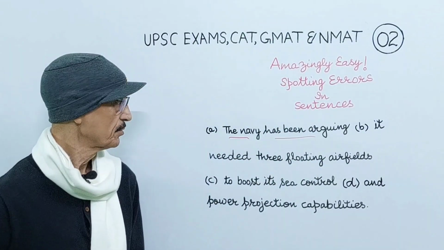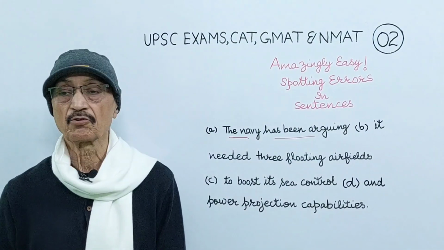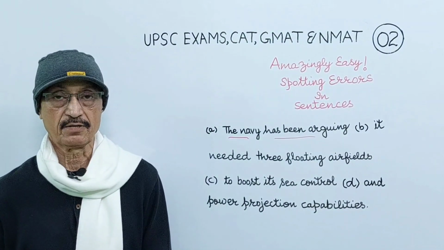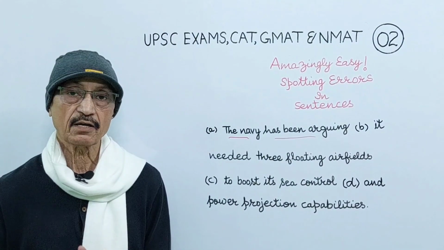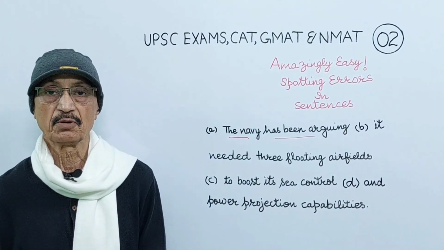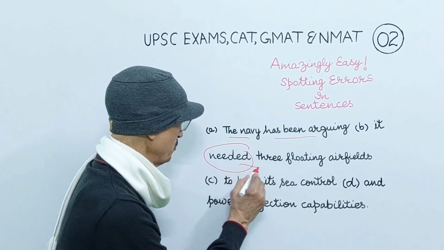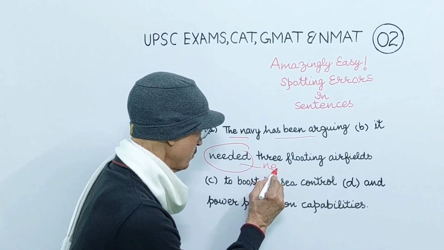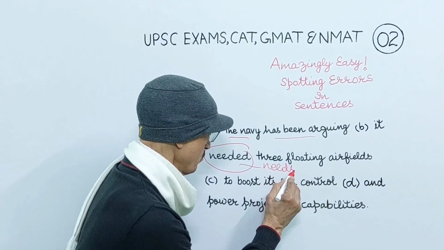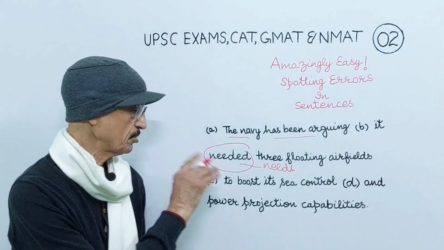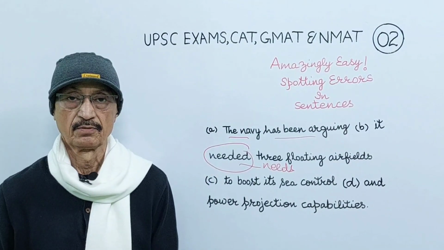Take part B. It needed 3 floating airfields. There is a mistake in part B. We should take needs in place of needed. It should be needs, because this is in present tense, so it should also be in present tense.